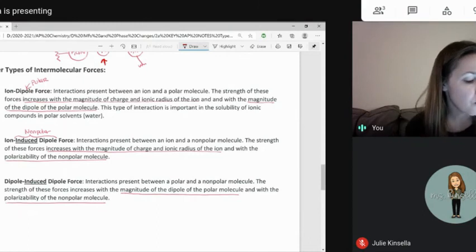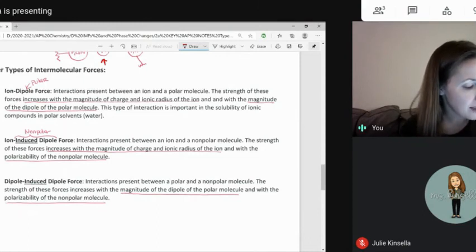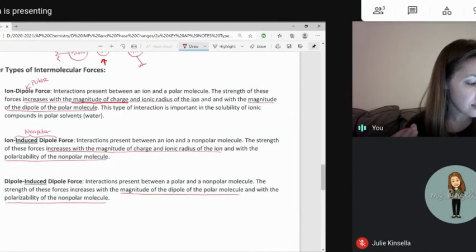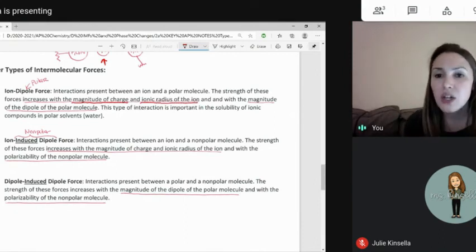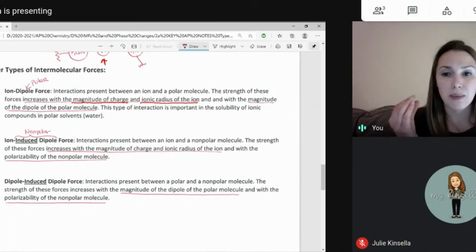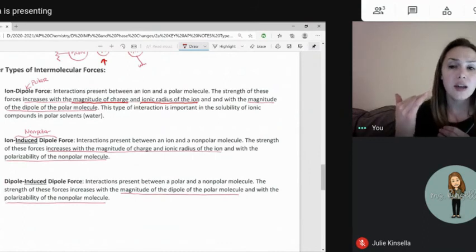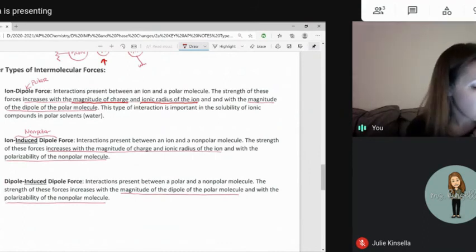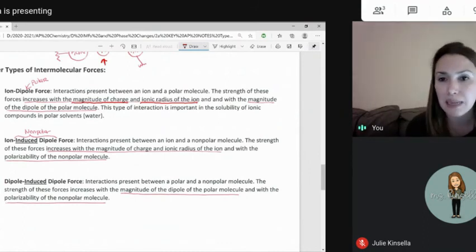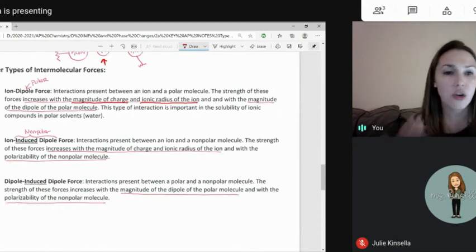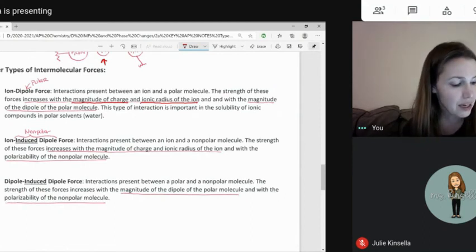The strength of the force is going to increase as the magnitude of the charge increases, and also as the ionic radius of the ion changes. As the ionic radius becomes smaller, you have a shorter distance, and if the charge increases, you're going to create a stronger force, also in terms of the dipole of the polar molecule. Again, all going back to Coulombic attraction.